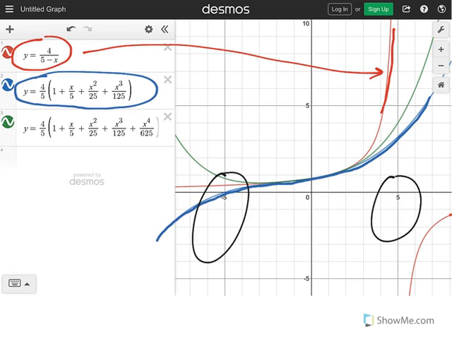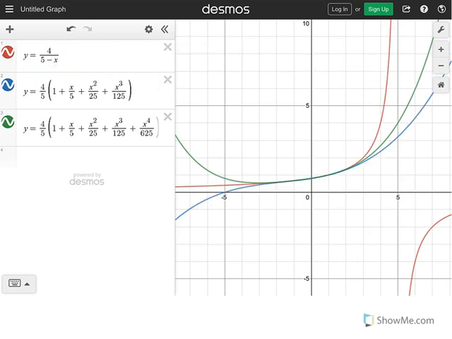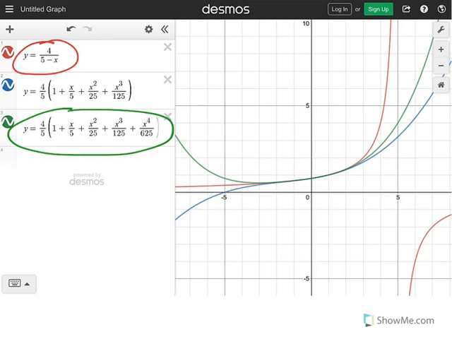And as an extra comparison, I have also gone ahead and graphed the fifth partial sum of the geometric power series for the function. You can see that what we have here in green is the graph of the fifth partial sum of the geometric power series that represents the function.